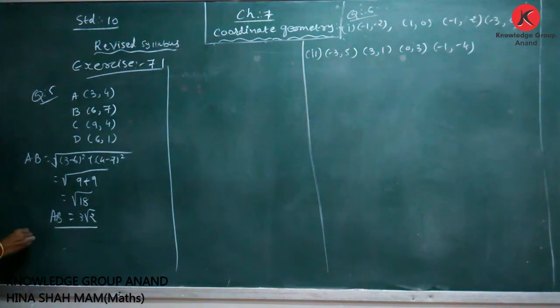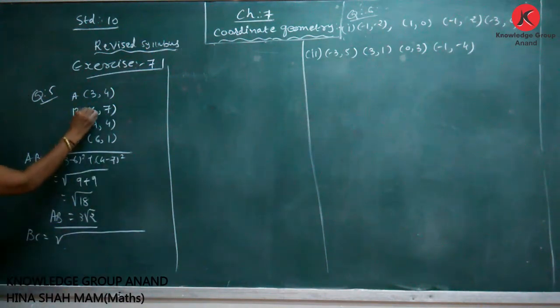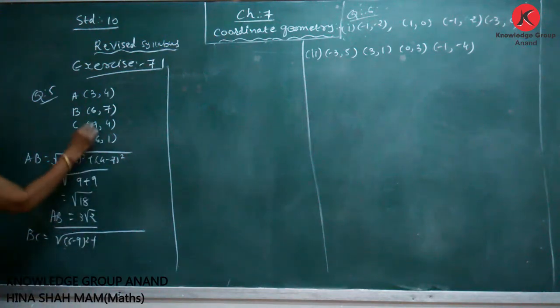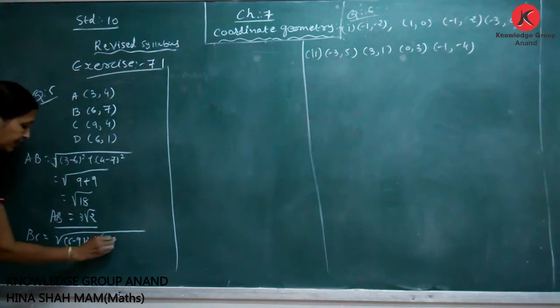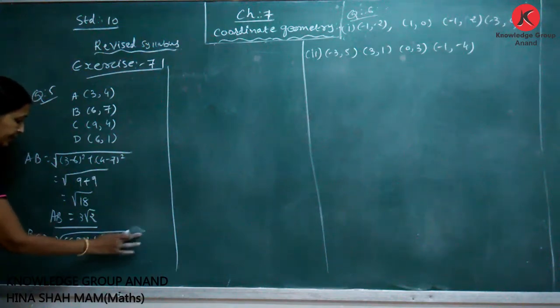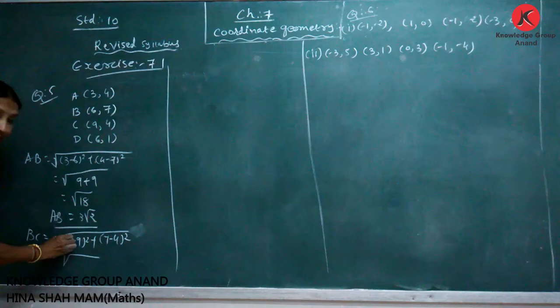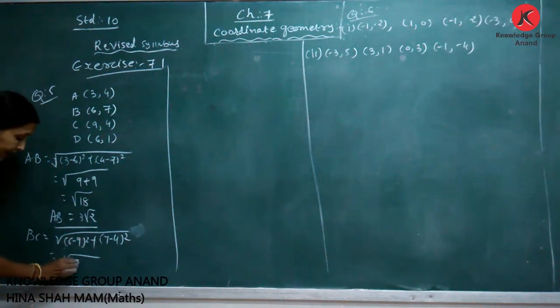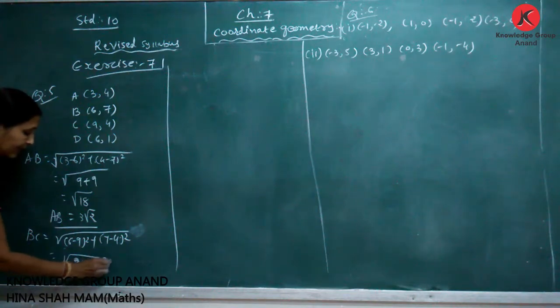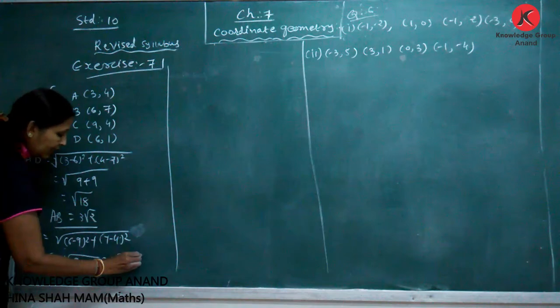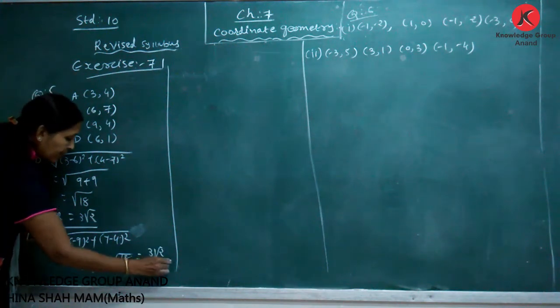We find BC: (6 minus 9) square plus (7 minus 4) square, is equal to 9 plus 9, equals root 18. Therefore, BC is also 3 root 2.